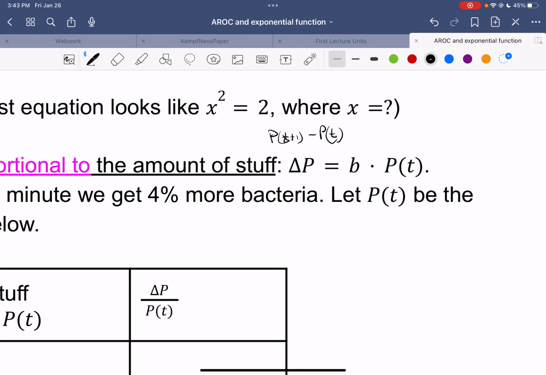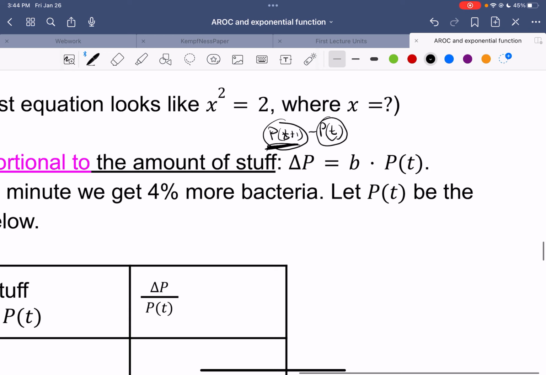So some population at time t, the population right now, versus the population one step into the future, the population next year. So the population next year minus the population right now, that's the change in population. This triangle symbol, you should read that as change in.